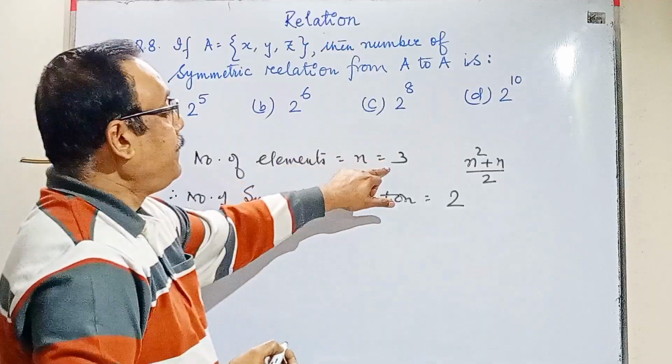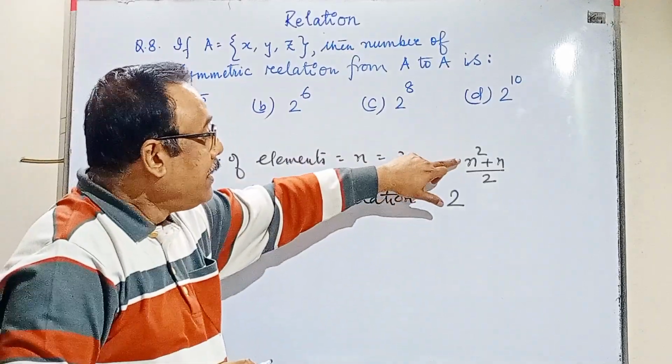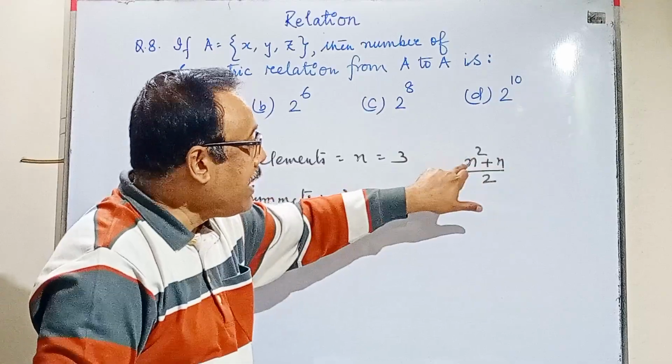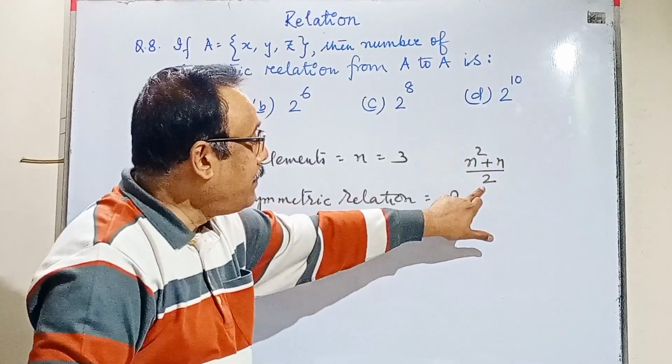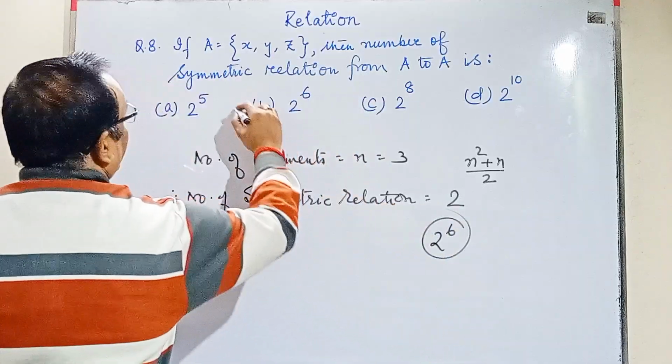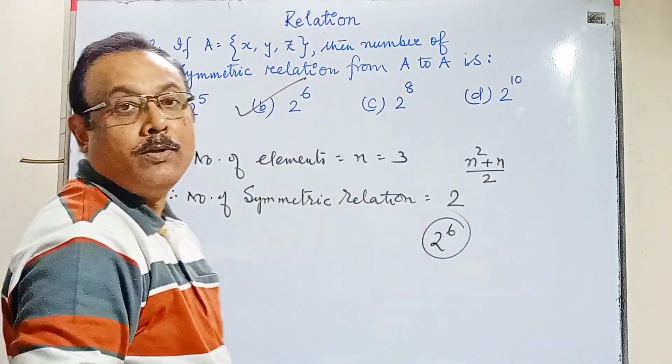Here n is 3, so we'll put 3. 3 square is 9, 9 plus n, which is 3, so 9 plus 3 is 12. 12 divided by 2, that is 2 to the power 6. So B is the choice.